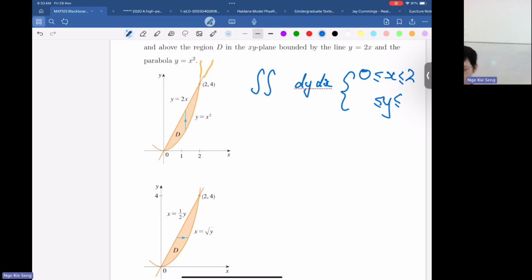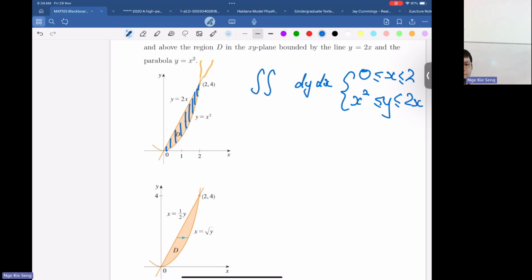If you look at different x, you can see that the interval for y changes. What's the upper bound and lower bound for y in this case? Yes, the lower bound is x squared, and the upper bound is 2x. Good.